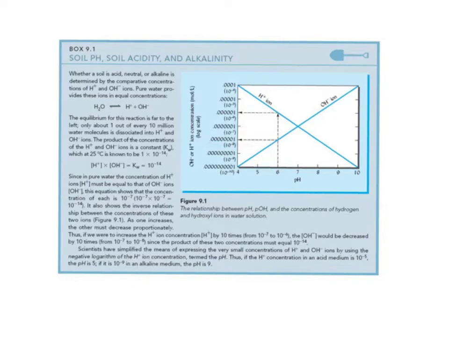In box 9.1, we have a really good definition of what pH is. Now, this goes for any sort of pH, but we're going to be thinking about soil pH.